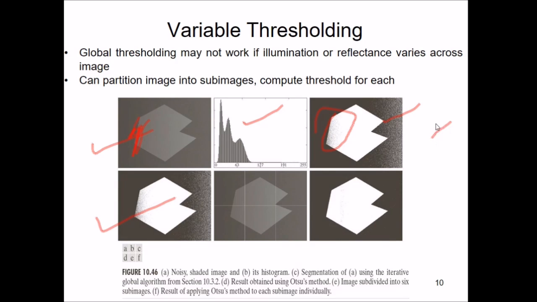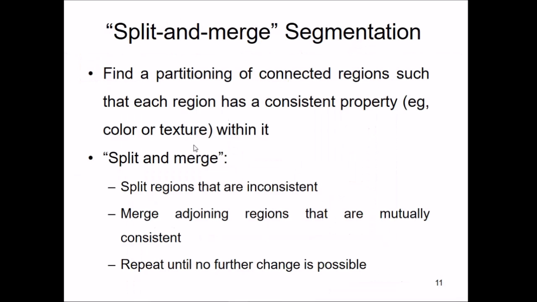So neither our iterative global algorithm nor Otsu can remove all these black spots from here. So what we can do is subdivide this image into 6 sub images and apply Otsu in all these subdivided regions. So ultimately we can get a good result using this variable thresholding.